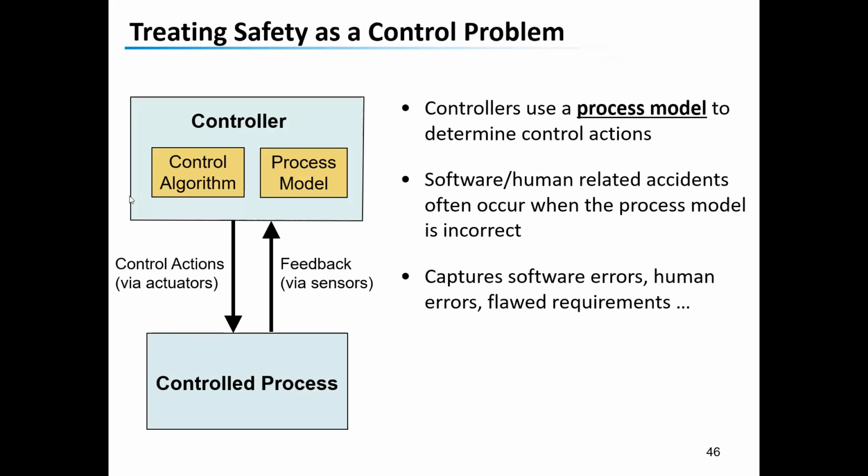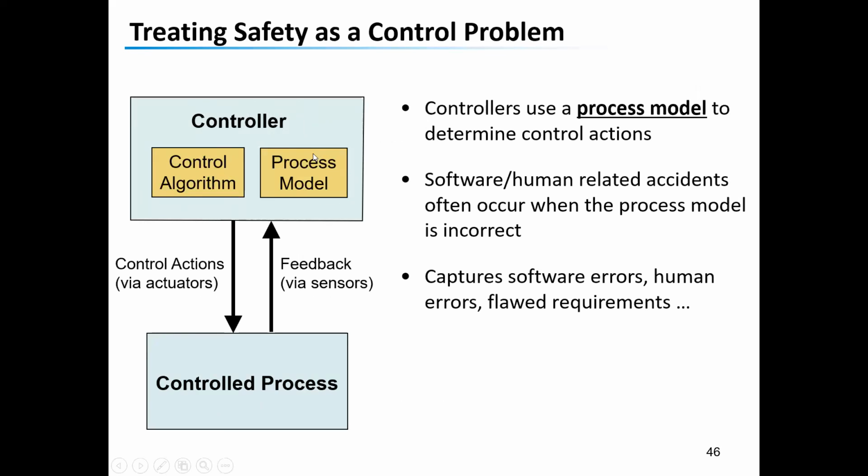So let's look a little bit more at treating safety as a control problem. We have a controller and we have a control process. The controller always has some kind of algorithm or decision process, and the controller may be a human or it may be a software. It doesn't matter.